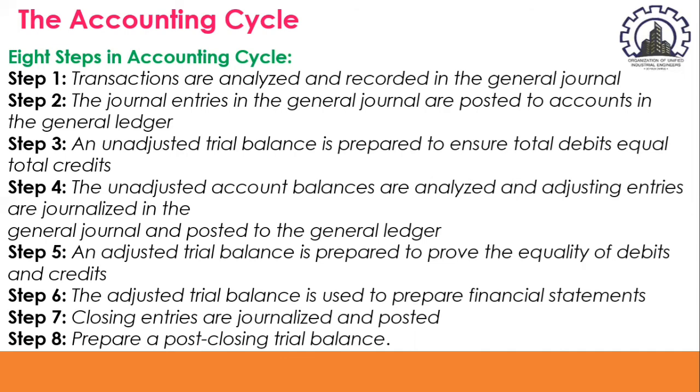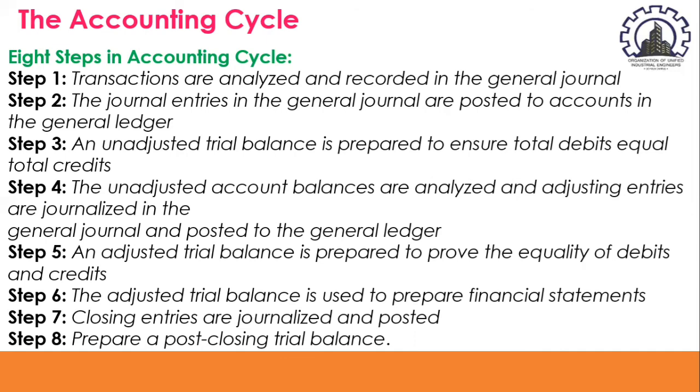So that is what we discussed earlier. We provided examples of the unadjusted trial balance using the information of Big Dog Car Works Corporation. And step number 4, the unadjusted account balances are analyzed and adjusting entries are journalized in the general journal and posted to the general ledger.